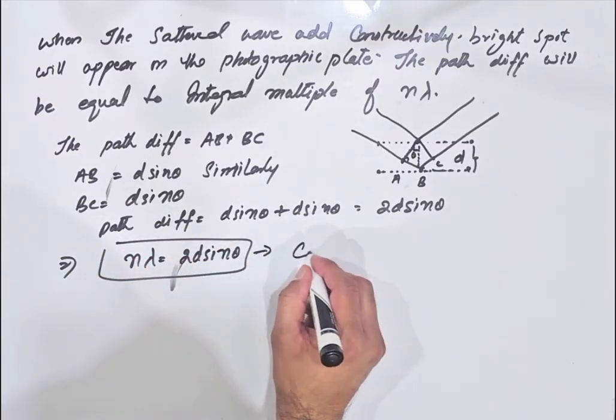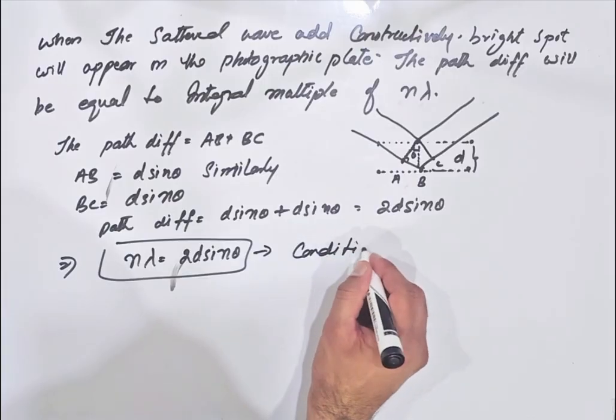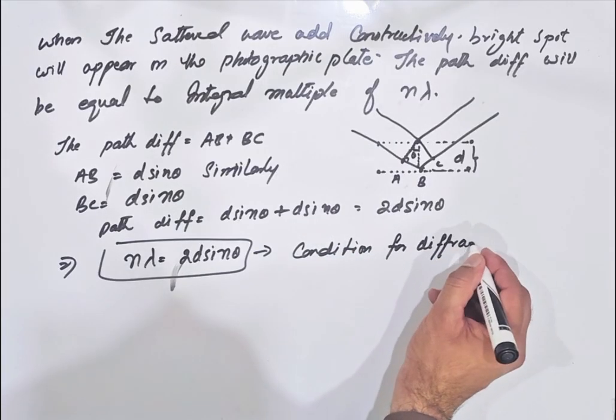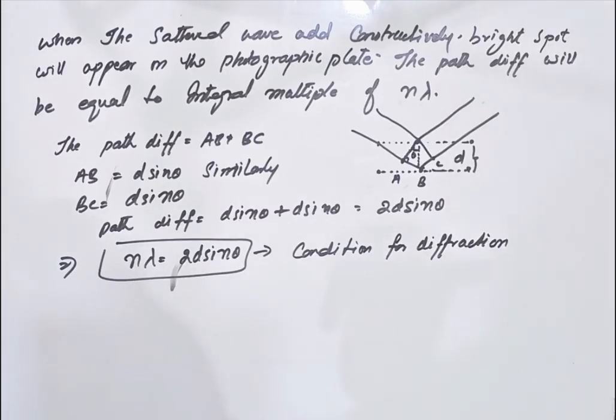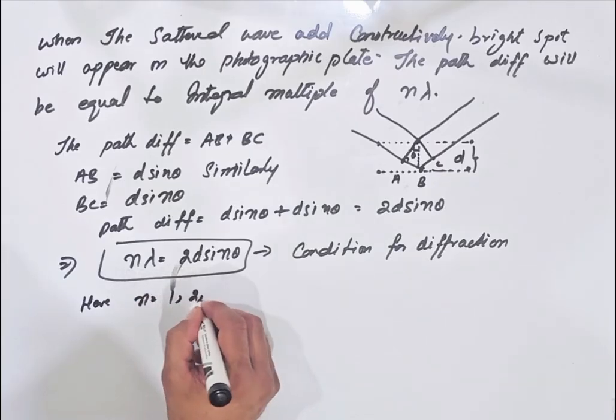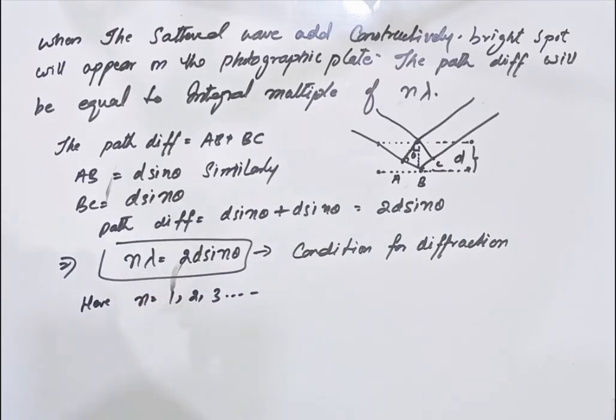This is the condition for diffraction. When we consider a real space and the planar symmetry of the crystal, here n is equal to 1, 2, 3 and so on.